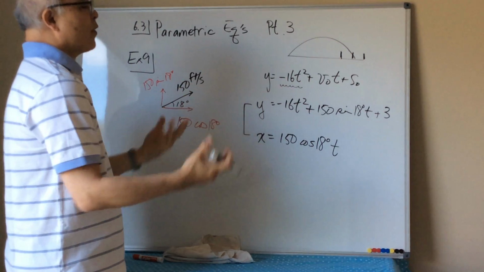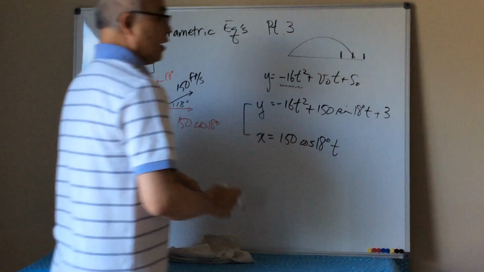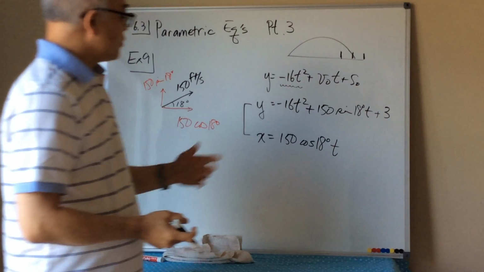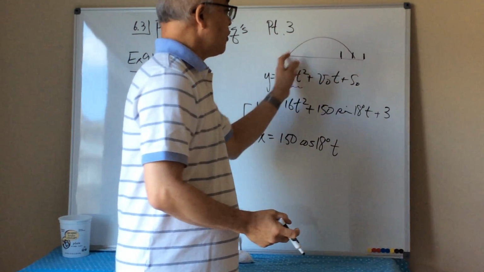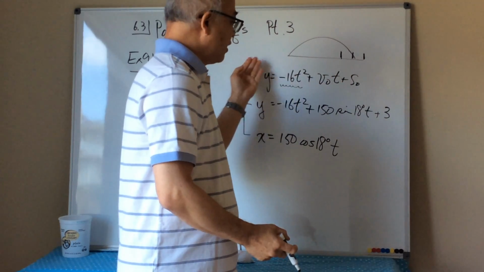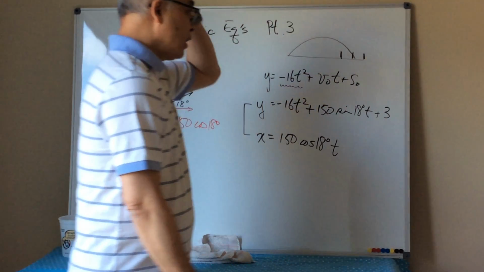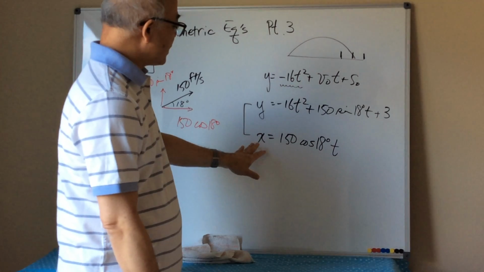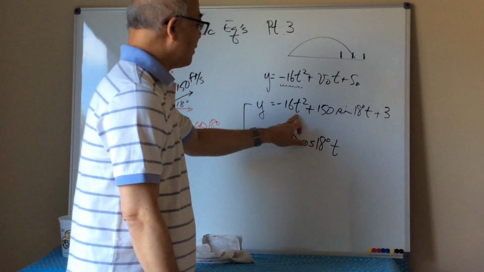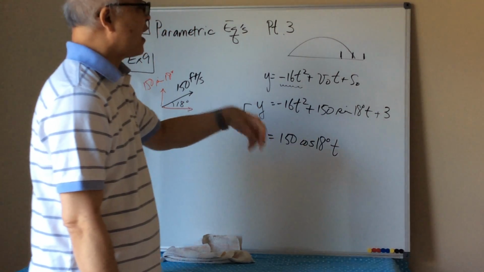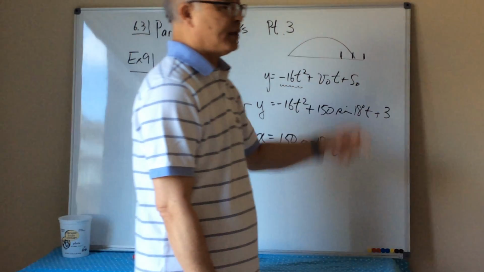So we need to find out what happens at 400 feet. Since we know the distance it traveled in the horizontal direction, we find the time, and then plug that time into the y and find out the height at that point.